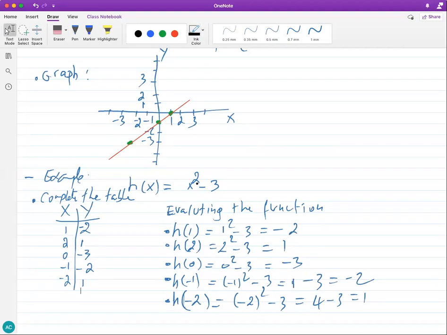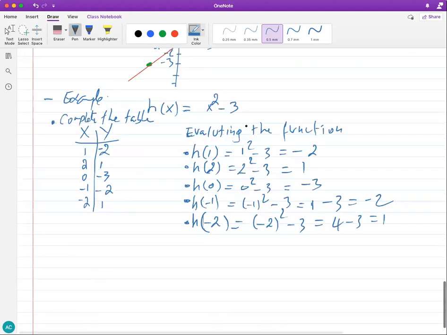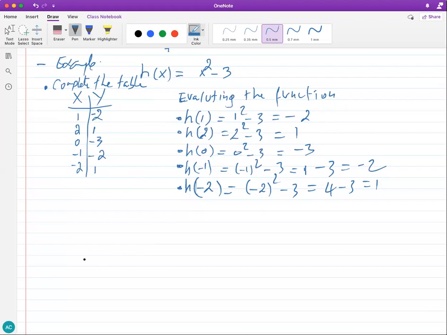Now let's see how the graph looks. Okay, let's make a graph. We're going to need a two-dimensional graph again. It's a function, and you need a two-dimensional graph. Again, we have x and the y coordinate. We have some values here, positives, 1, 2, 3.